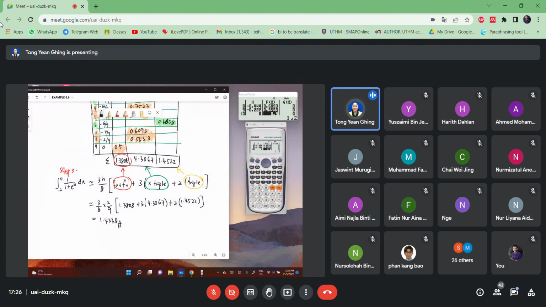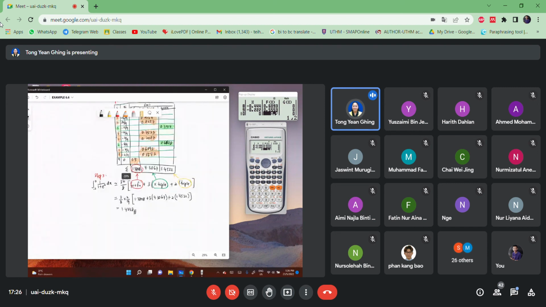So I think actually there is another option. Okay, you remember when the number of segments is even, we can use Simpson's 1/3 rule. If it is a multiple of 3, then we can use Simpson's 3/8 rule. Okay, so how about if we have an odd number? How? Can't use either? Or how? Any idea?